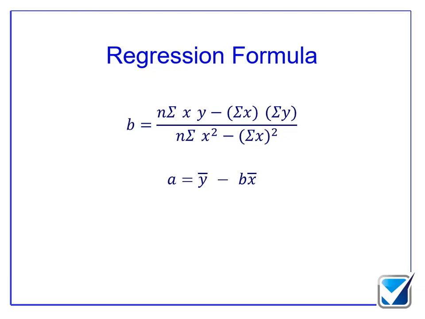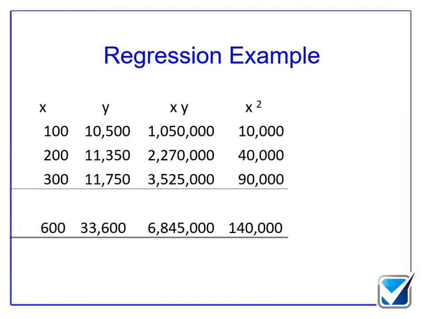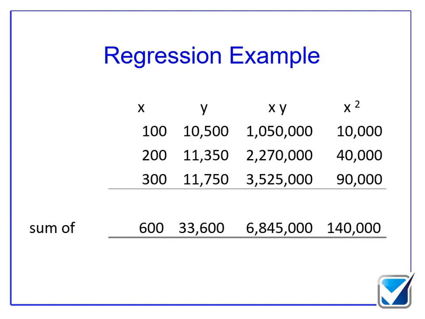What I need to do is put this into a table. I need to know X's and Y's, and I need to know X multiplied by Y, and I need to know X squared things. So I've put together this table which shows you how this works. The data that we've got here for X and for Y is the data that we've already seen before.